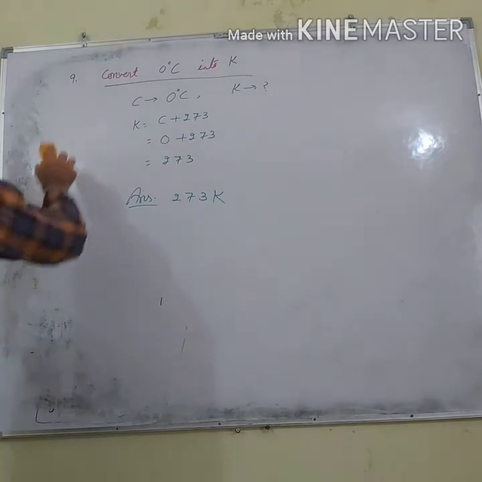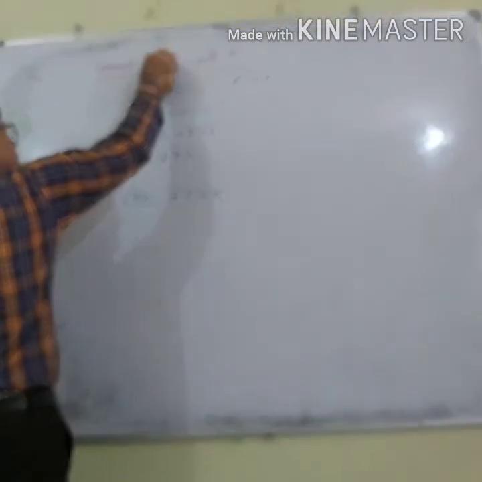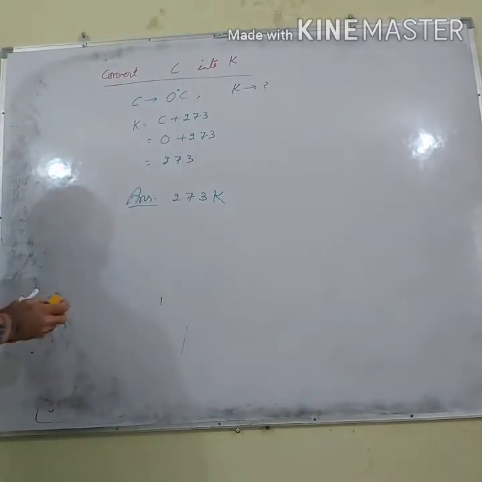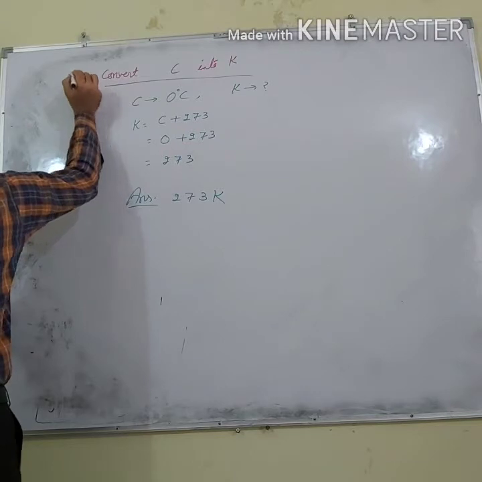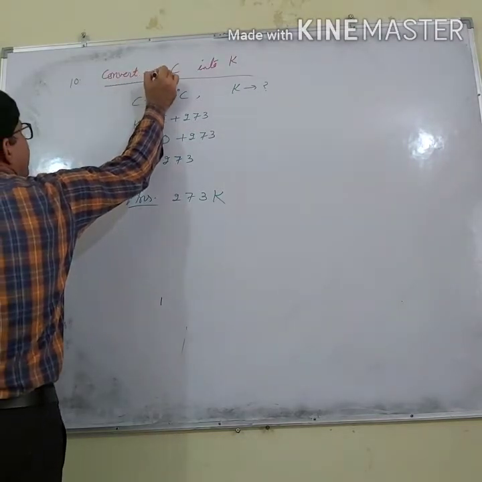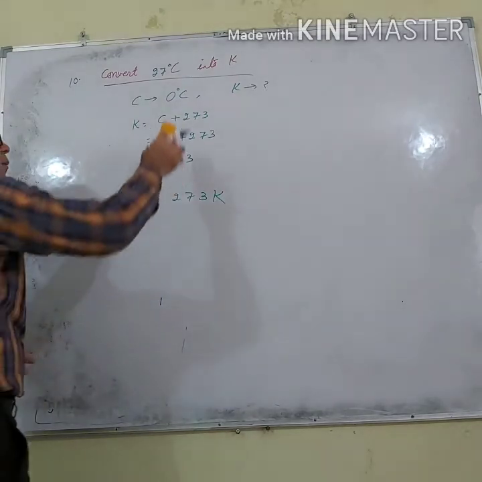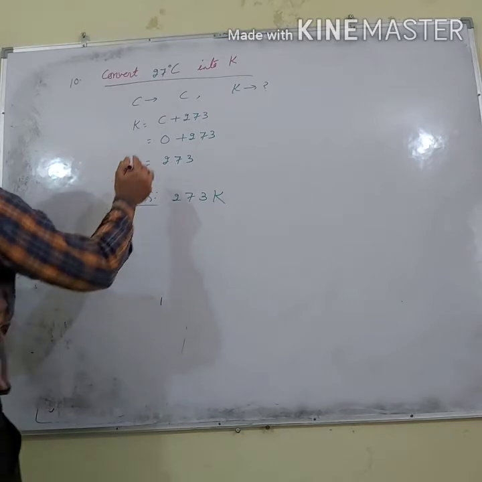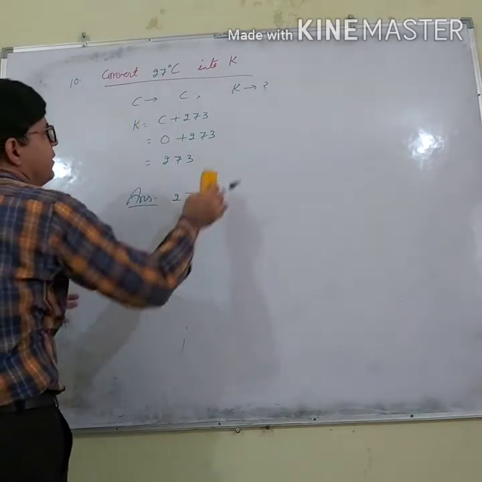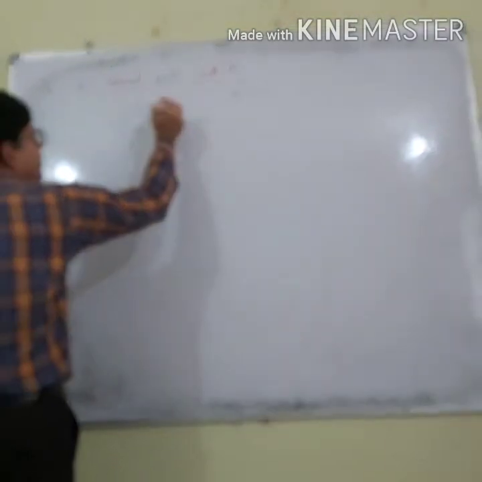Okay, another question that I am giving you. 10th question, convert 27 degrees Celsius into Kelvin. Because 27 degrees Celsius is room temperature, so I am giving. So what is C here? C is here 27.